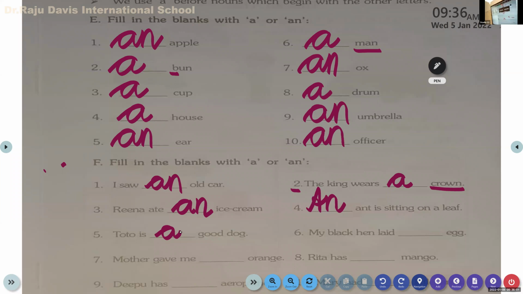Jeswin, come on. My black hen laid an egg. Very good. It is an egg.